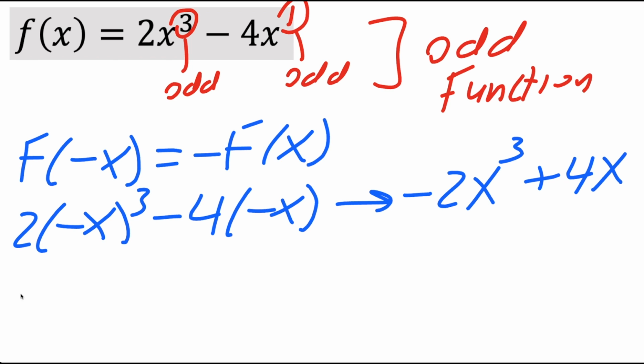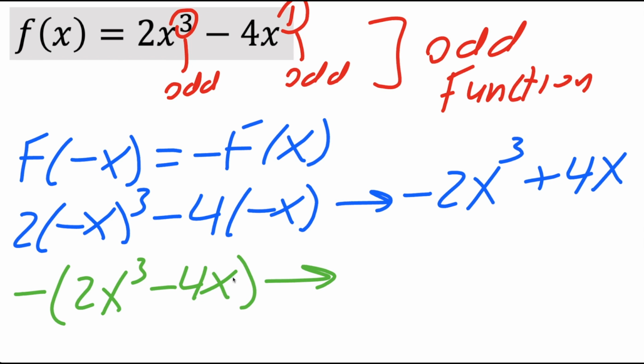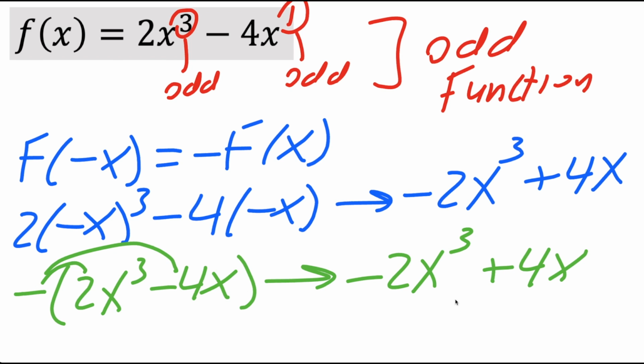This version says negative, parentheses, copy: 2x cubed minus 4x. Let's see what this gives us. We distribute this negative to both pieces, so we'll get a negative 2x cubed, and a negative times negative 4x is a positive 4x. And so we do see that it is in fact identical. Because it's identical, it's an odd function.